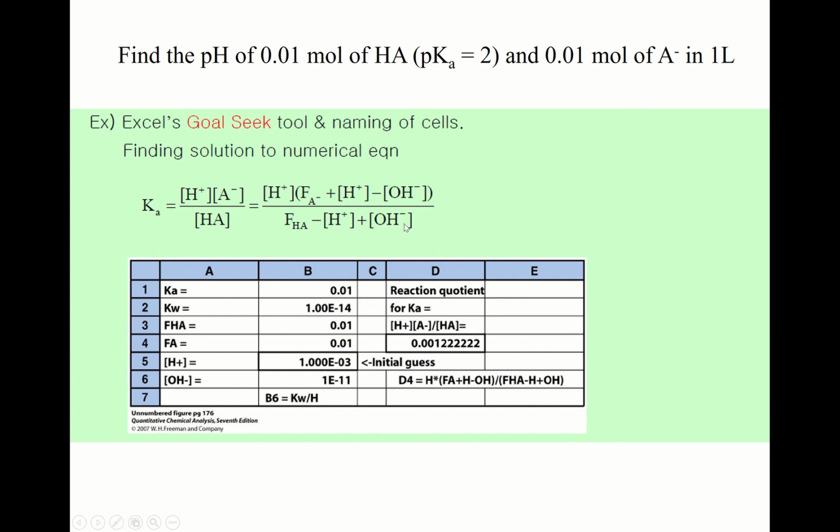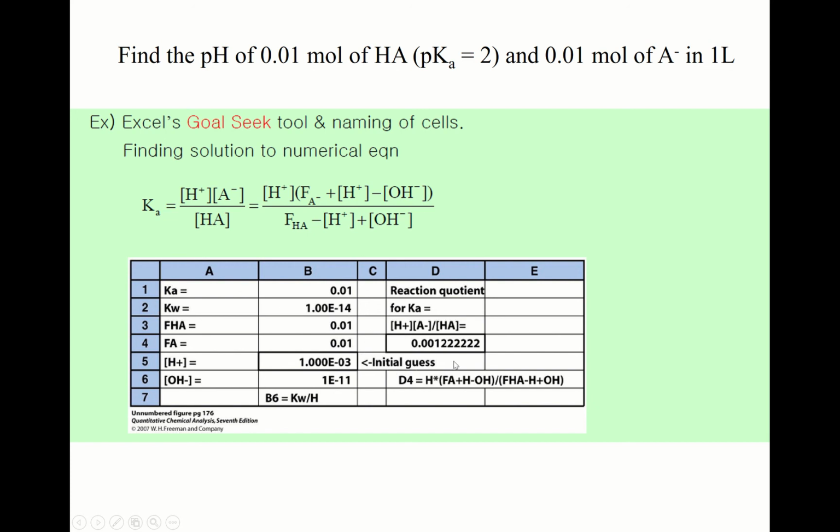You don't have to change the proton and hydroxide concentrations at the same time, because their product is equal to Kw. To calculate Ka using this equation, you need an initial value for the proton concentration. Your textbook has a guess for the proton, which is 0.001 molar. That's the initial guess.